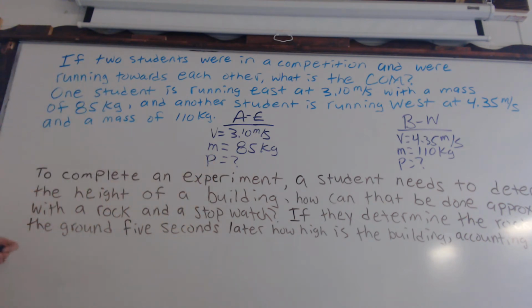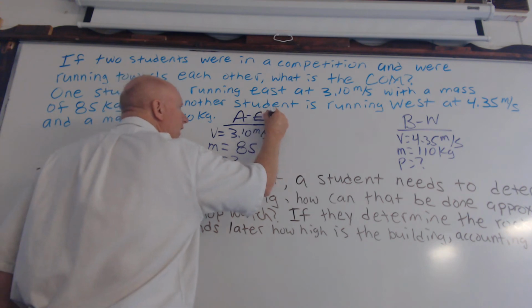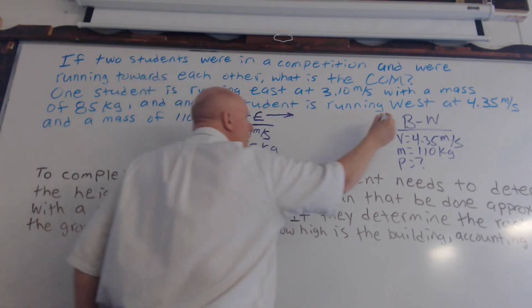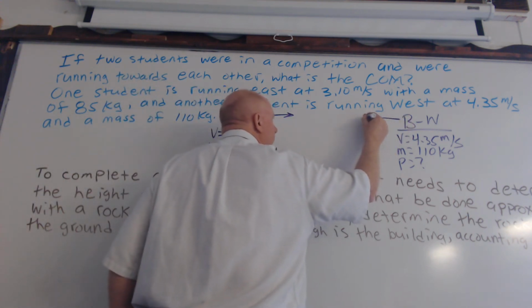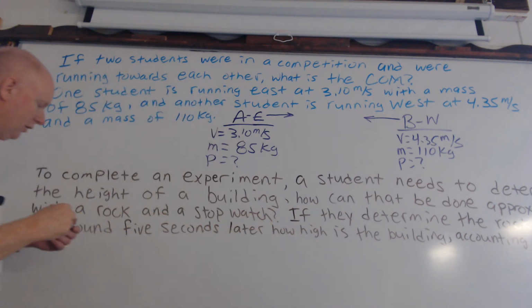Nothing new there. We've got this one moving east, and this student moving west. Just like any other momentum problem, you have to know at least 2 of the variables, and we do.